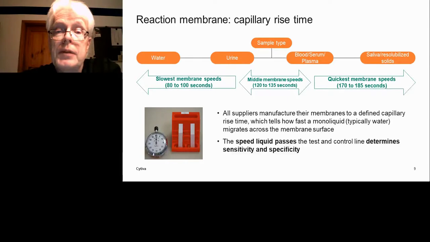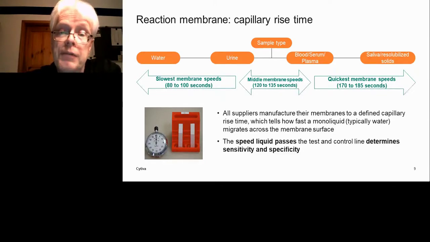Medium fast membranes, which typically have a flow time of approximately 120 to 135 seconds as specification means, will be used for things like blood, serum, and plasma, or for urine. And very slow membranes, which have a flow time of roughly 180 seconds, will be used for things like water.